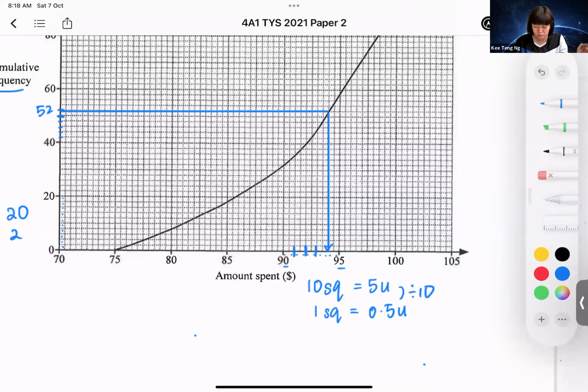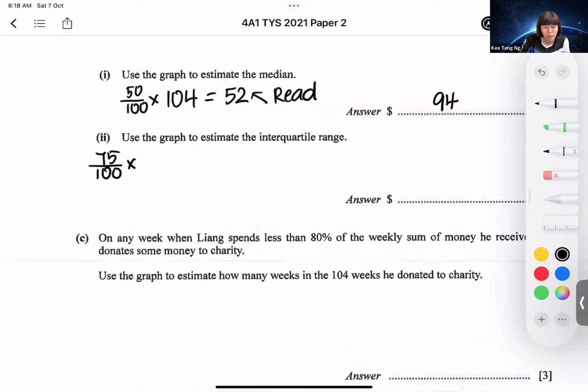Use the graph to estimate the interquartile range. For the interquartile range, we need to use the upper quartile, which is 75%. Please remember this percentage, 75%. But remember, when multiplying by the total number of weeks, it's not 120, it's 104. This gives me the number 78.